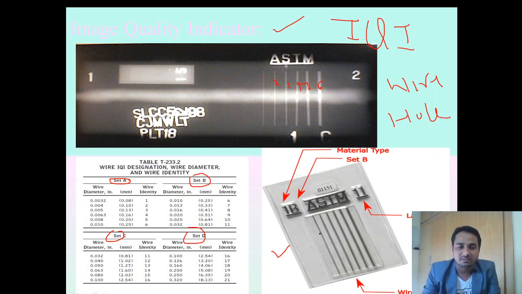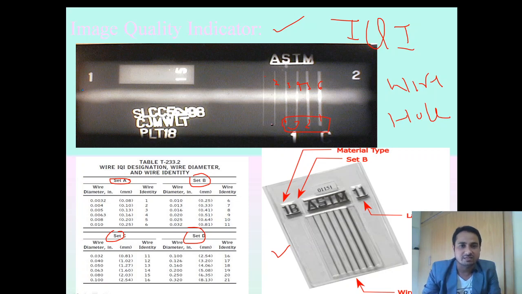If it is told that for 10 mm the number of essential wires is 4, then 4 wires should be visible, like 1 2 3 4. So if 4 wires are visible, then my image quality is good.